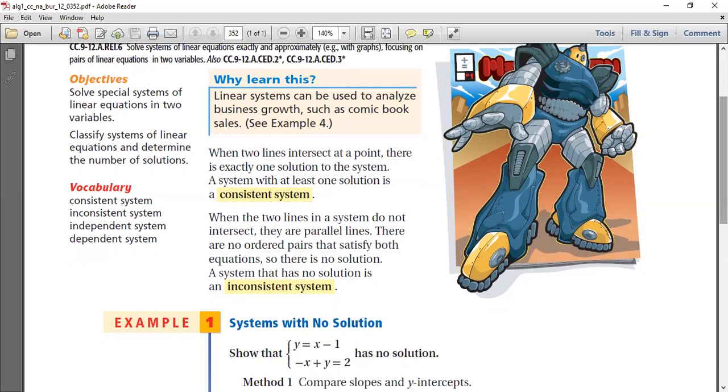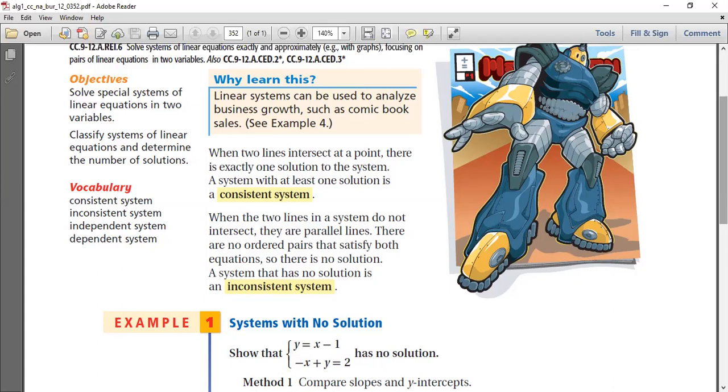The first way of finding out is by writing the equations in slope-intercept form, which is y is equal to mx plus b. So whichever equation is given, you write them in y is equal to mx plus b form, and then you compare them. If both the slopes are the same but the y-intercepts are different, then there is no solution.